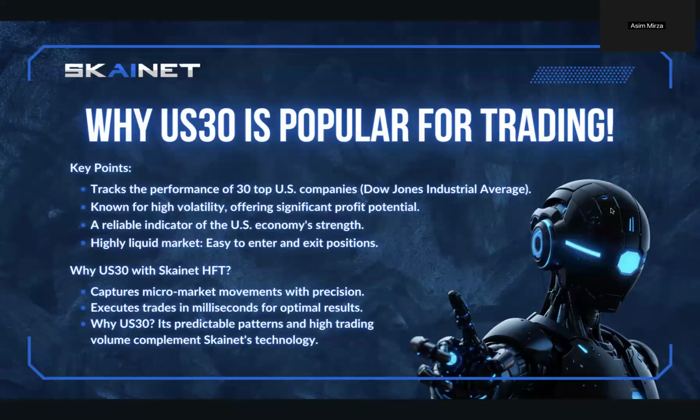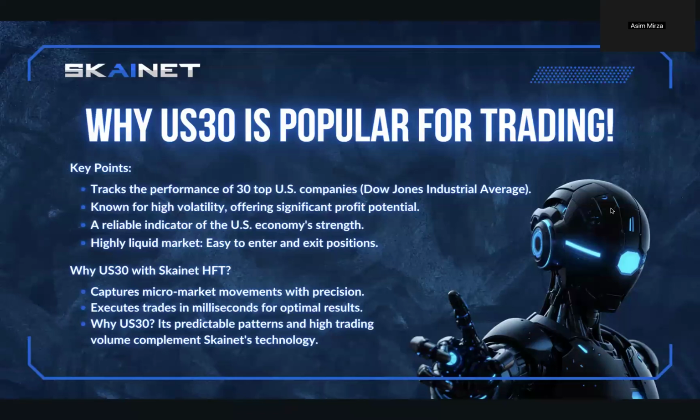And also, the US30, again, has predictable patterns inside the market, which also helps, because a lot of people ask me, why do you trade between these specific times on a daily basis? Why is it within this time frame? That's because the US30 has a lot of patterns that tend to repeat themselves. Not all the time, but a lot of the time it can happen within the US30 pair.